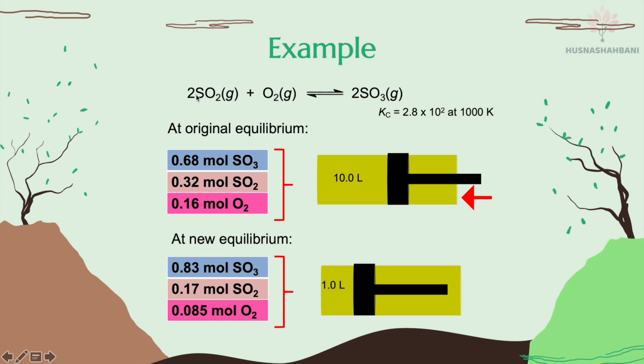Example: 2SO2 gas reacts with oxygen gas to produce 2SO3 gas. At the original equilibrium, you have a system volume of 10 liters, given the number of moles of each compound. And then when the volume of the system is decreased, the gas pressure increases.